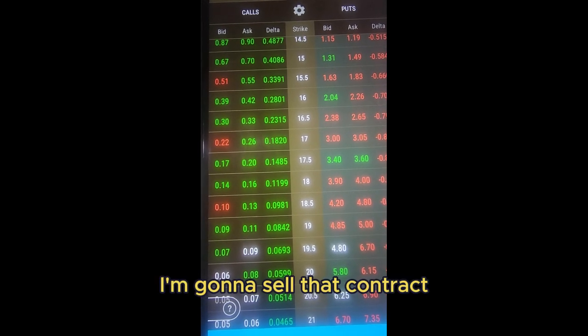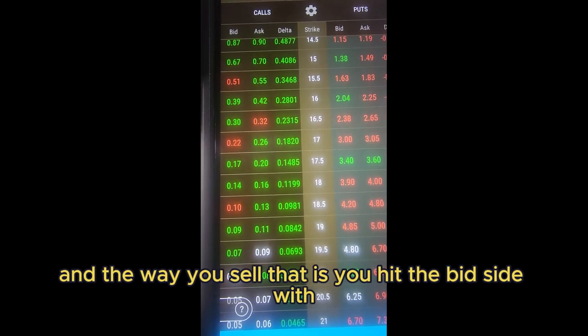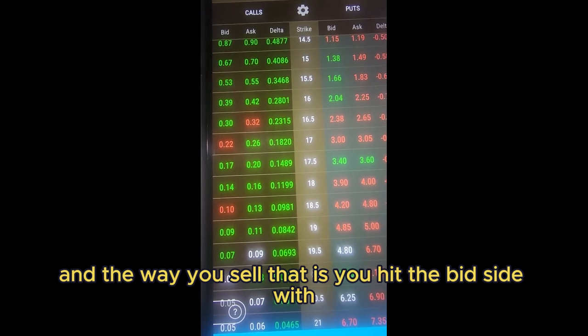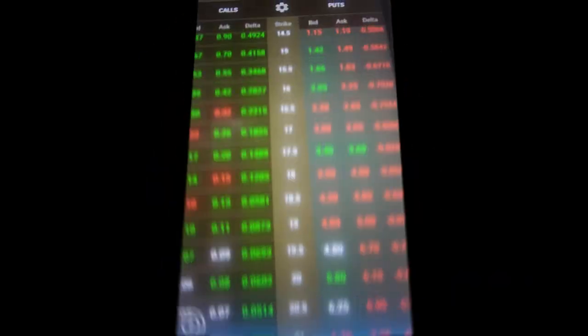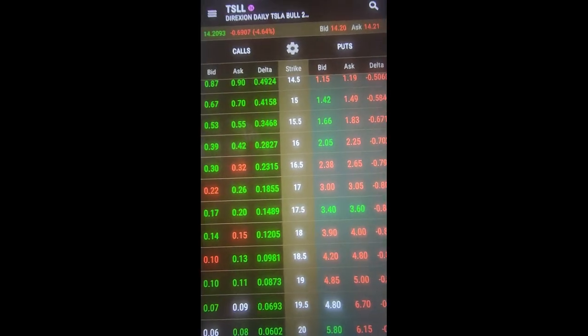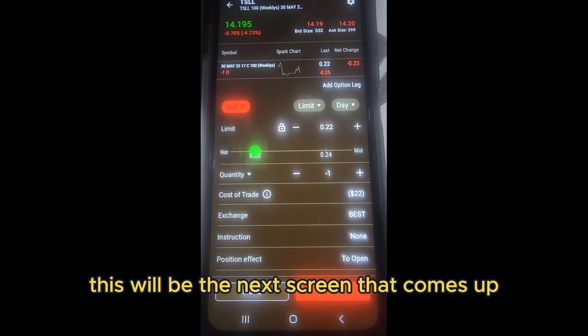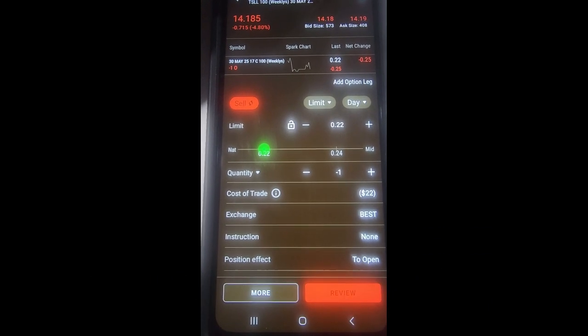That said, I'm gonna sell that contract, and the way you sell that is you hit the bid side where you see where it's red and it says 22. You hit that. This will be the next screen that comes up, and you see where it says sell.